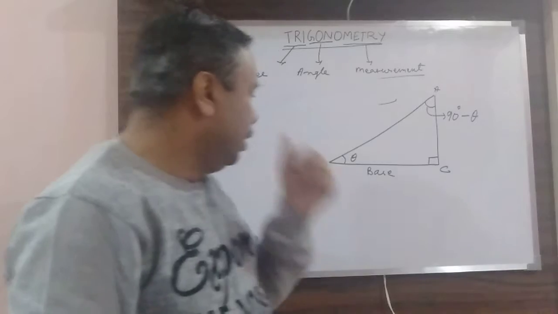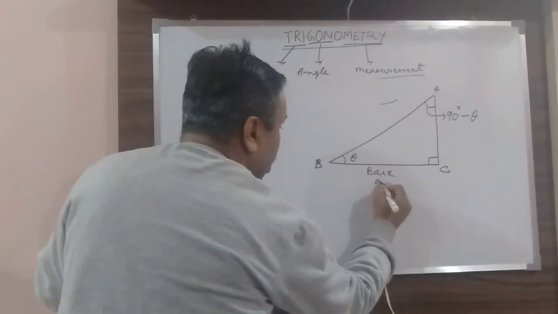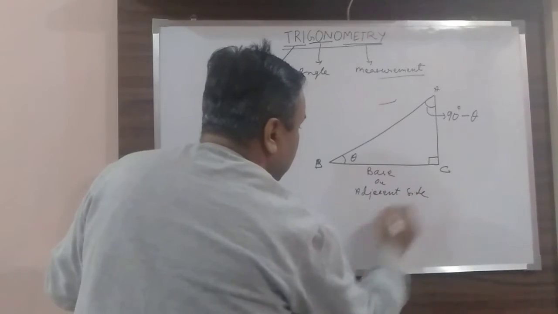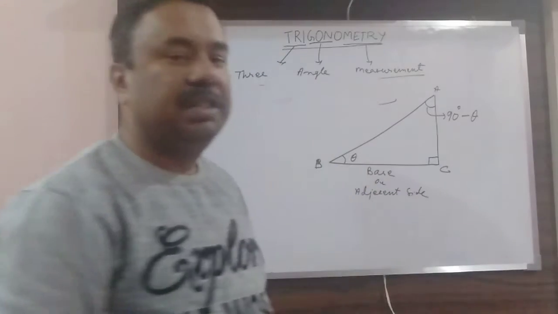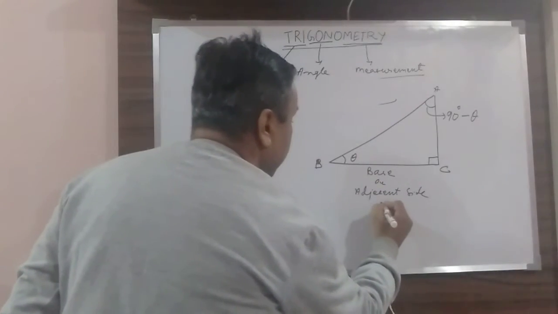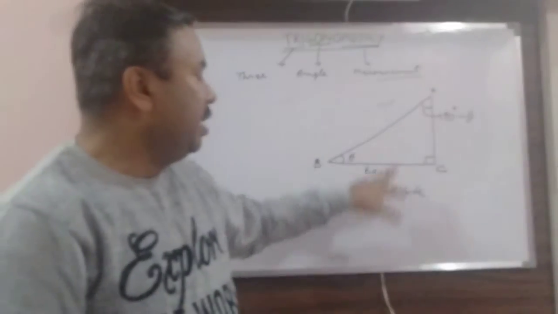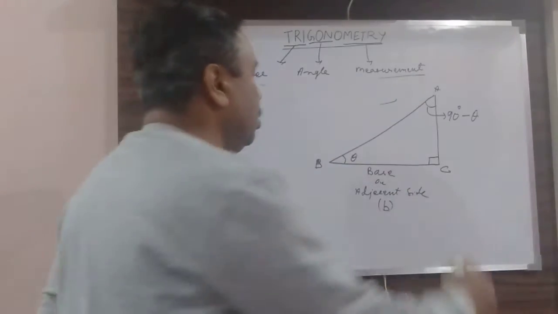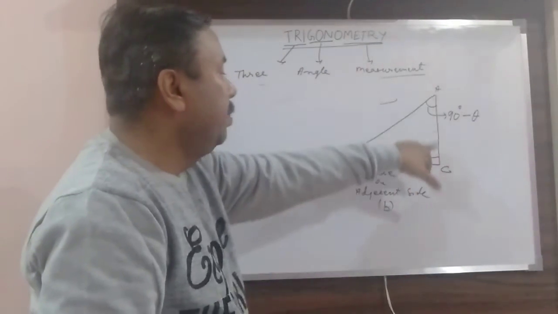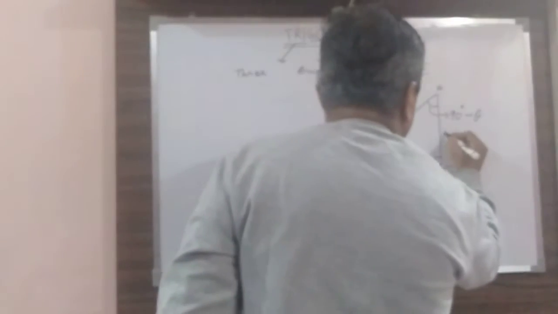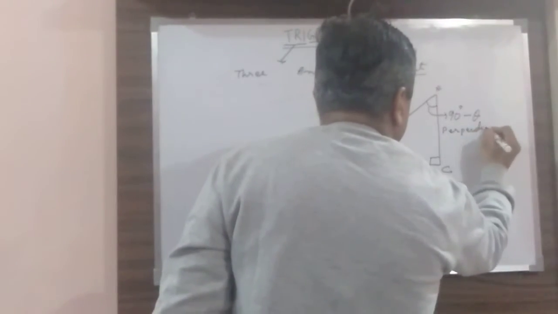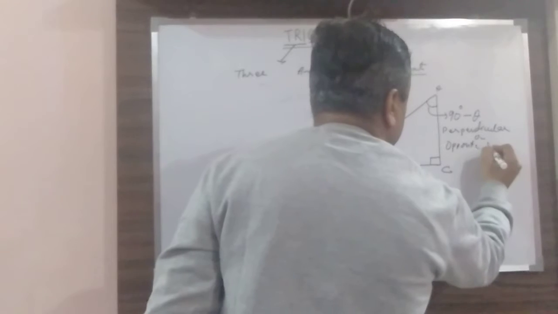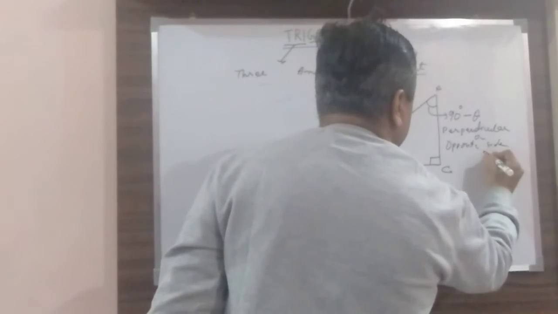For angle theta, this side is called the base or the adjacent side, and it is represented by B. Similarly, the side that is just opposite to theta, which is perpendicular on the base, is called the perpendicular, or sometimes written as the opposite side.